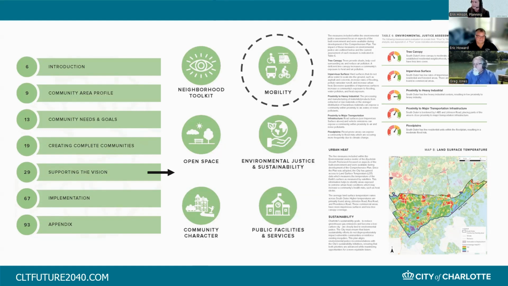This section provides a more detailed analysis of the environmental impacts within South Outer, and you can see that assessment via the dials in the top right of the screen. Things like tree canopy and proximity to heavy industrial are provided in that analysis. This section also introduces heat impacts as a new environmental metric that should be considered in future decision making. You can see that at the bottom of your screen as well.